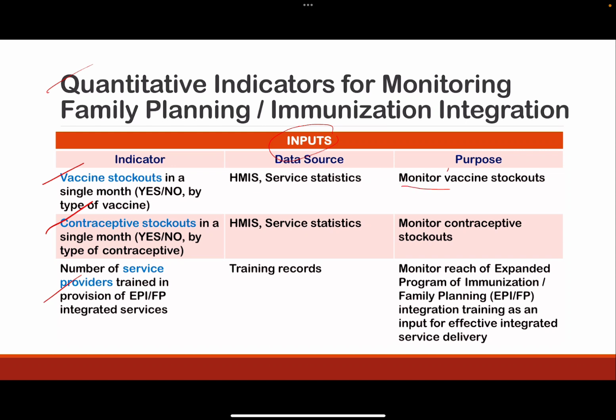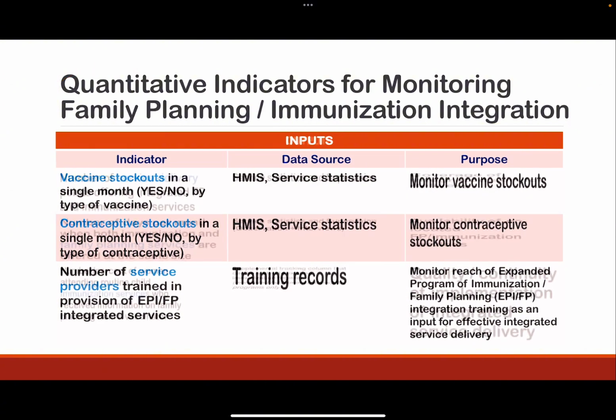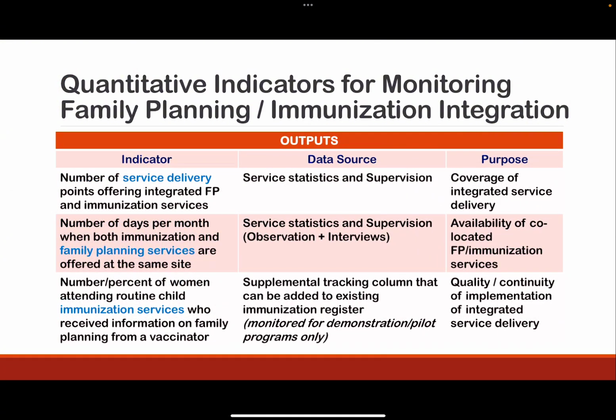And isa-isa din po dyan, merong purpose. Bakit ito? Bakit natin monitor. Meron din pong number of days per month when both immunization and family planning services are offered at the same time, and percent of women attending routine child immunization. So, purpose of monitoring, naka-table na yan siya lahat, guys.